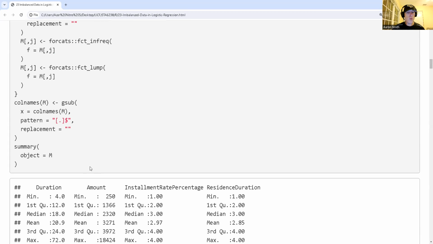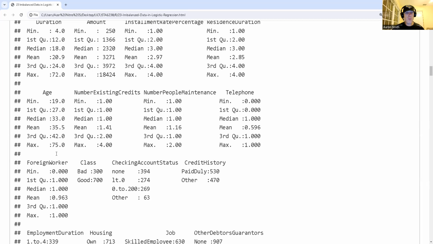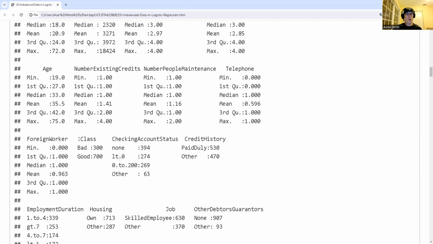And so here I'm just going through doing some data prep. We've got duration, amount, installment rate percentage, residence. Now here's our target variable, class, of either good or bad credit. Here is our checking account status, and you'll notice I've got other as the least frequent level every single time.